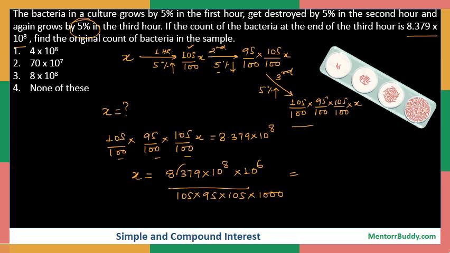Similarly, if I put the values and try to solve this, it becomes 8379 divided by 105, 95 and 105. It virtually comes down to 8379 multiplied by these three zeros will cancel, three zeros from the top, and this will become 10 to the power 3.